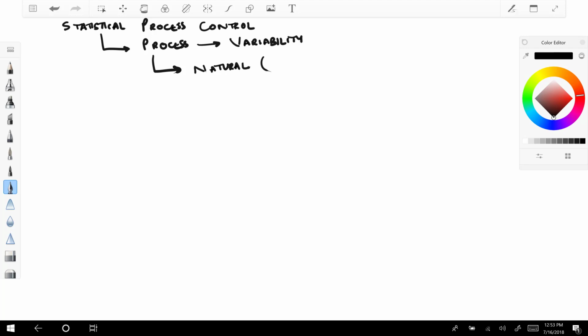This is also called normal or common variation. This variability occurs because of nature.